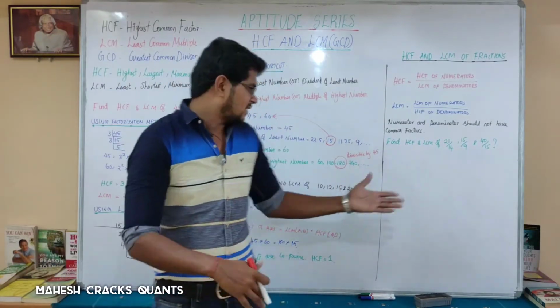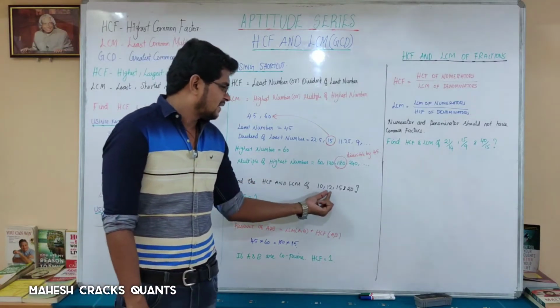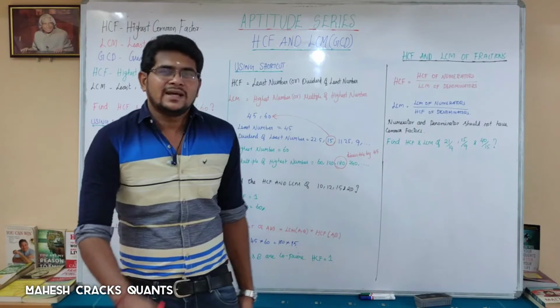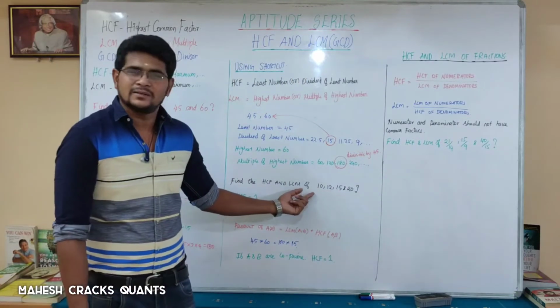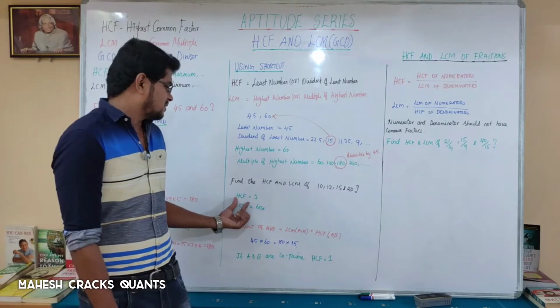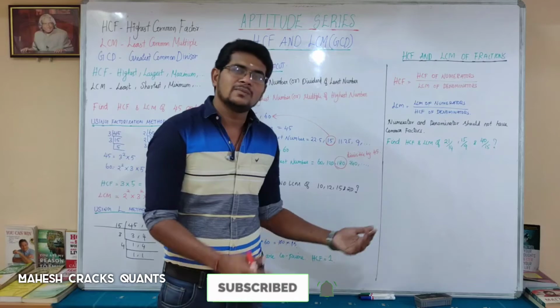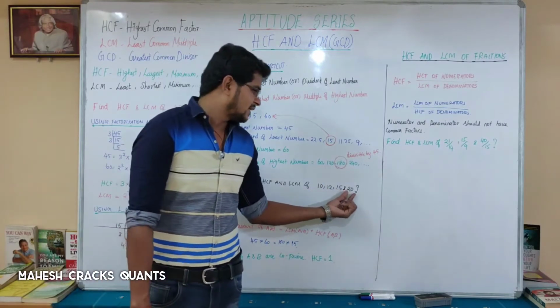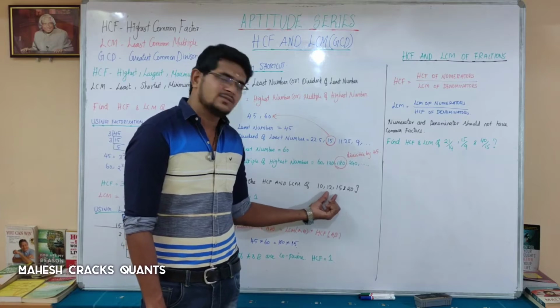This is very simple. If you have 4 numbers, for example: find the HCF and LCM of 10, 12, 15 and 20. What is the common thing? There is nothing common between the 4, so HCF will be 1. LCM is the highest number or a multiple of the highest number. 20 is divisible by 10 but not by 12.